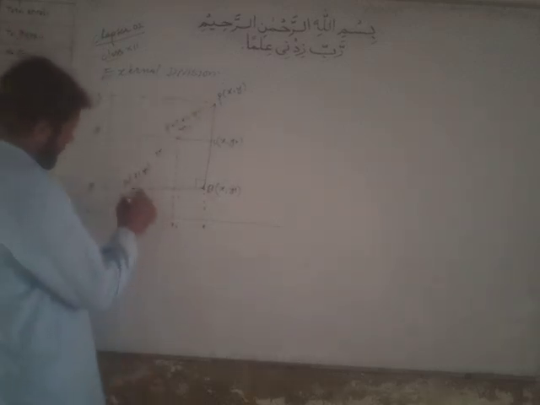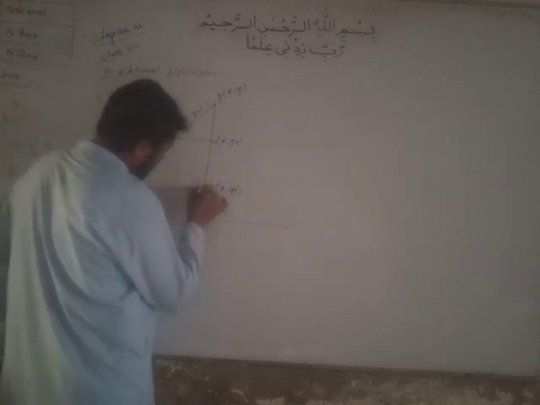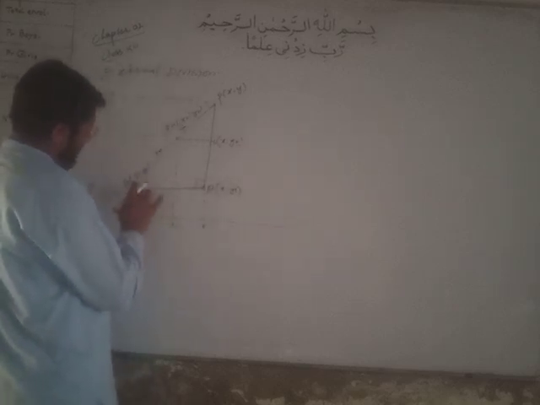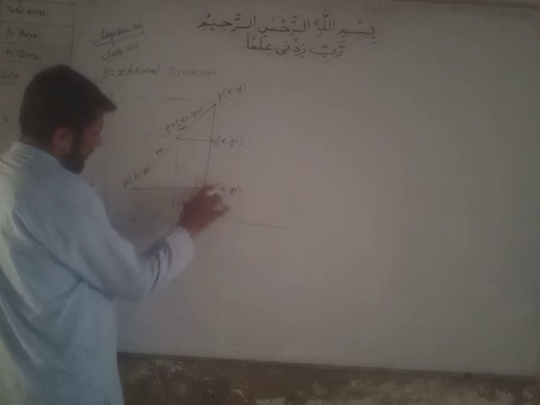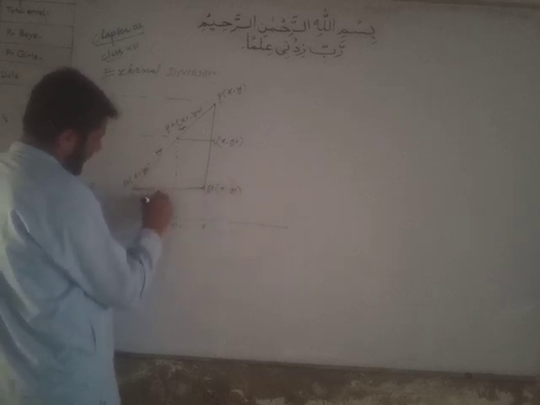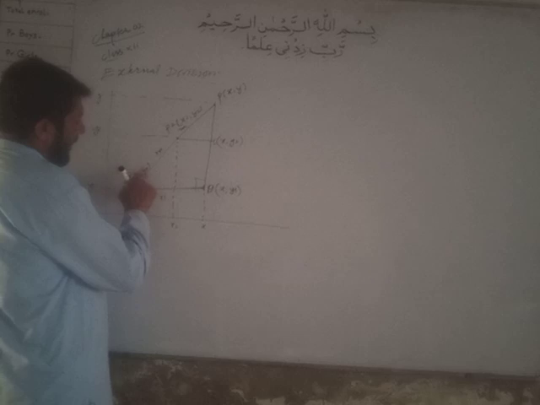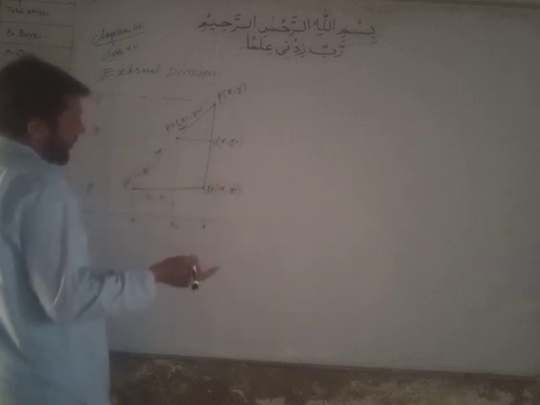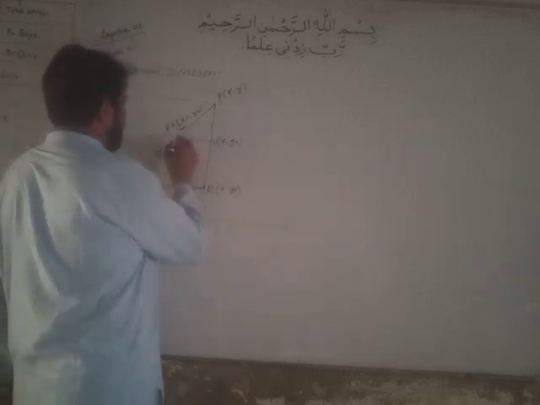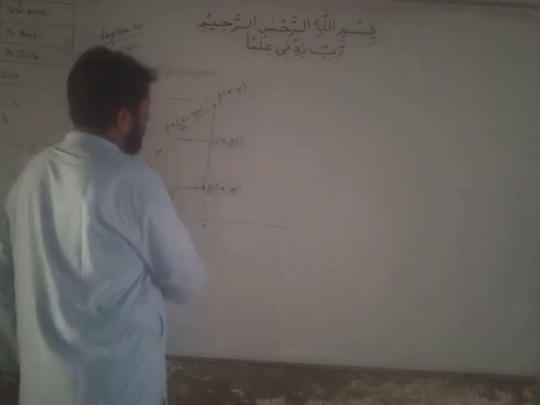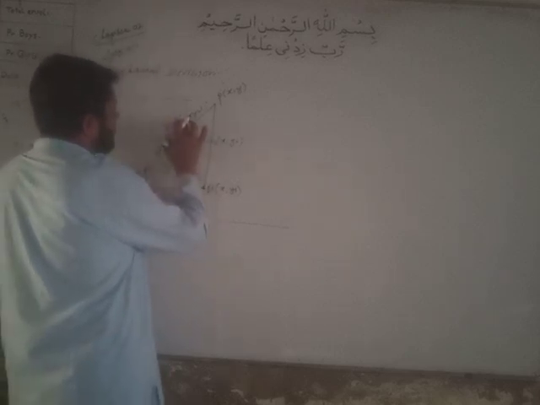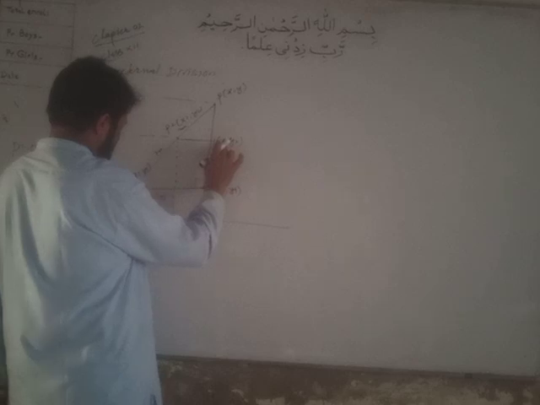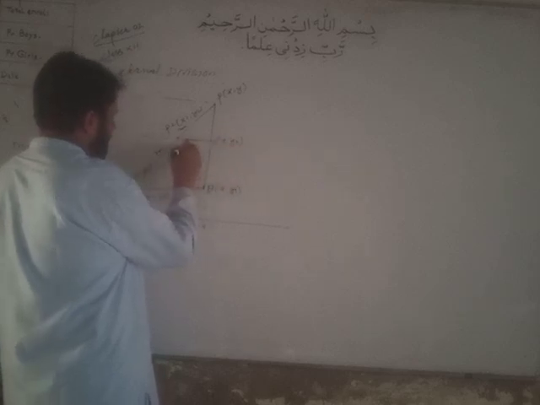Okay, so what will be the length of this side? The side will be x minus x1, and y1 minus y1 will be cancelled. For the other side, it will be x minus x2.